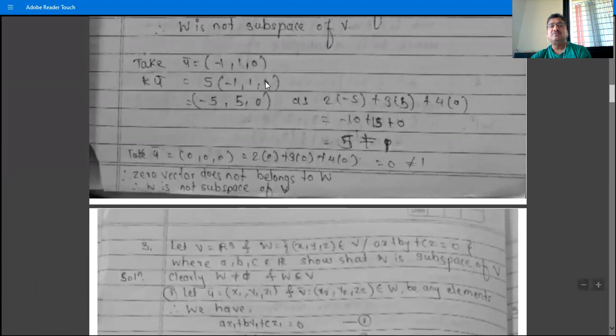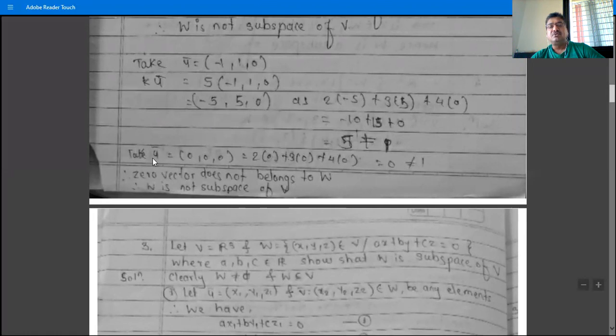So 5 into (-1, 1, 0) is (-5, 5, 0), and this is not an element of W, because 2 into -5 plus 3 into 5 plus 4 into 0 is -10 plus 15 plus 0, which is 5, not equal to 1. Therefore this condition is not satisfied: that any scalar times any element of W belongs to W.